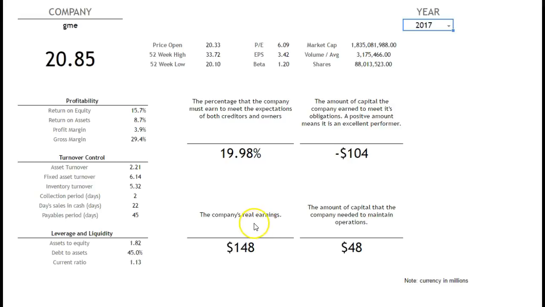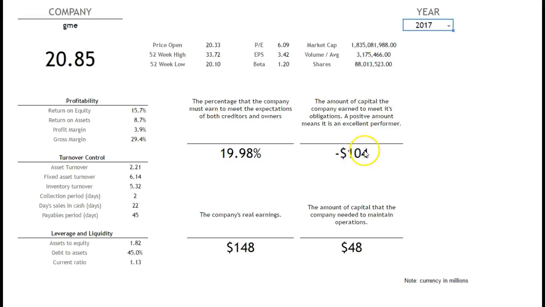They did, however, have real earnings of 148, and this is interesting. They had a 48 million capital excess, so they basically did not need to use external resources. They had enough money left over to use their own, and that's a good sign. So here we have 148 and 48.